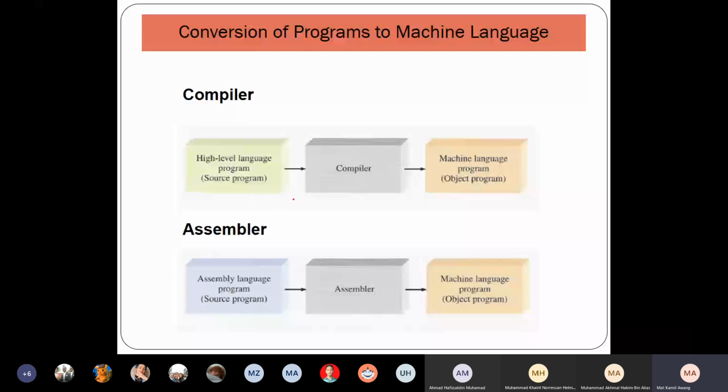For assembly language, we don't compile, but we call it assemble. So you use an assembler. From the assembly language source program, we assemble it to turn into machine language. So that's the conversion, how you convert the program so that the machine can understand.